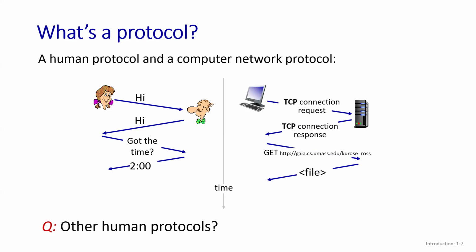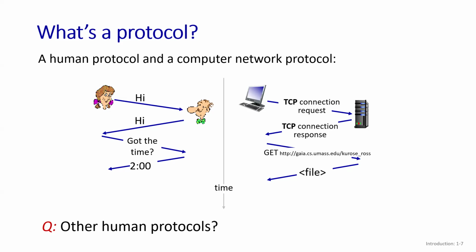Now, on the right-hand side, you can see an example of a computer protocol. So remember that whenever a client or a computer is trying to access a server, for example, in this scenario, he's trying to access a web page, which is mentioned here. But before this computer can send a request to access this web page, the computer or the host has to initiate a TCP connection and find out if the server is actually ready to communicate.